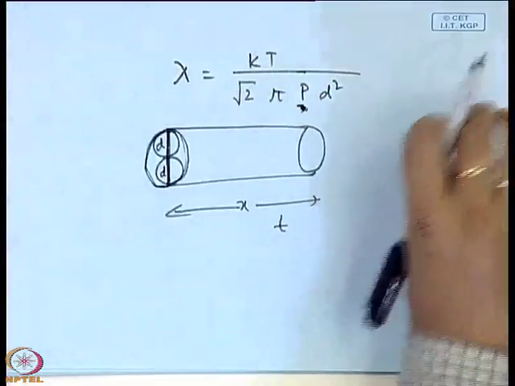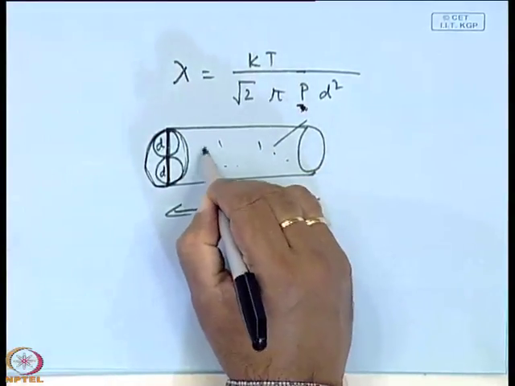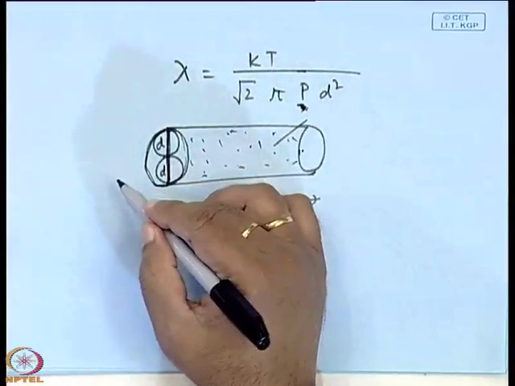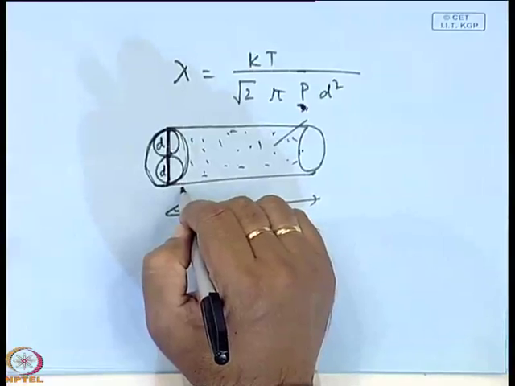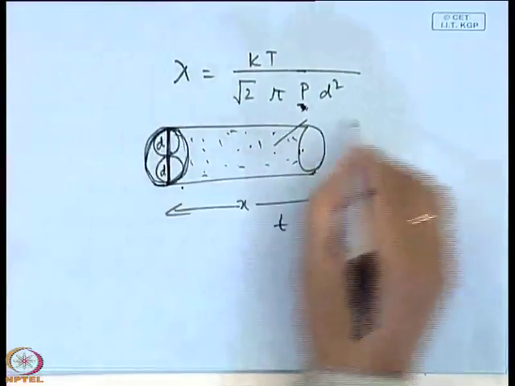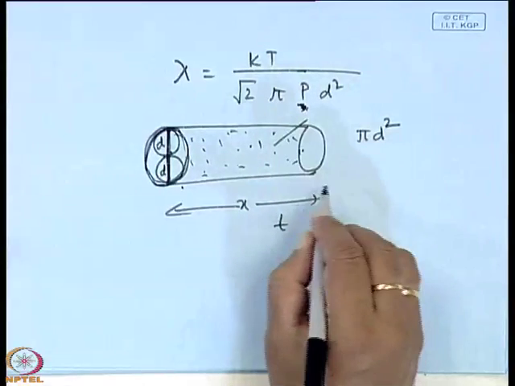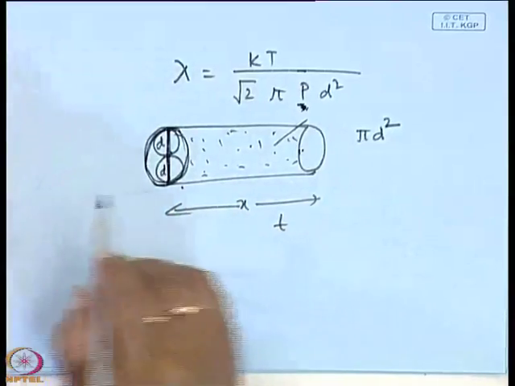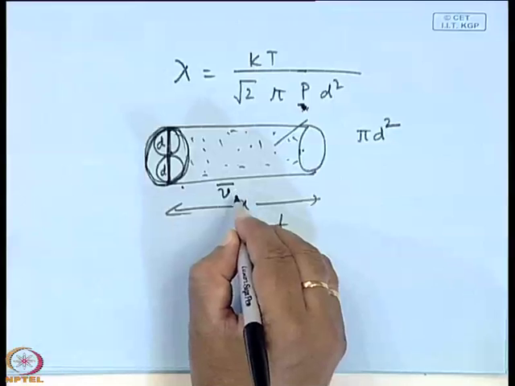So, any atom or any species within that area will be scattered by these molecules or atoms. So, that is the model. That means this area will be pi d square.